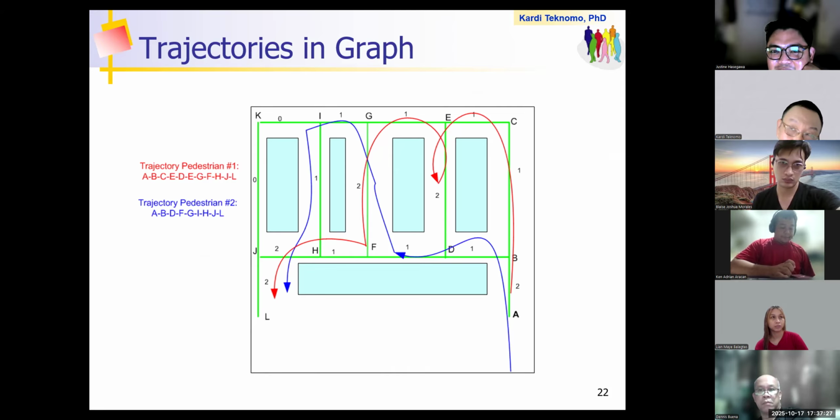Okay, good question. In B, it just turned around. But because this is a static trajectory, not dynamic, you don't really need to put it as BB, right? But if you want to make it more dynamic, that means you need to also record the time.